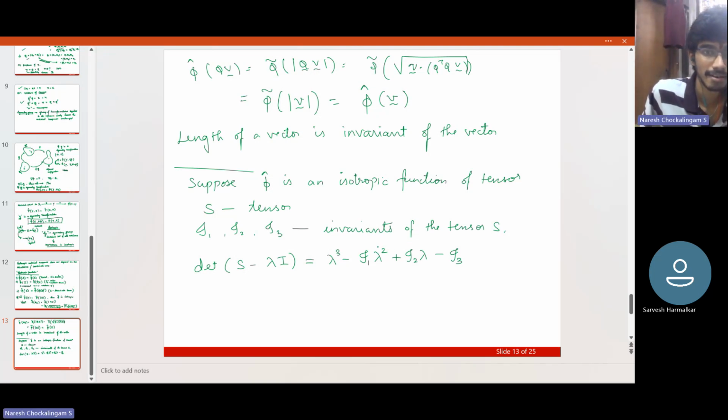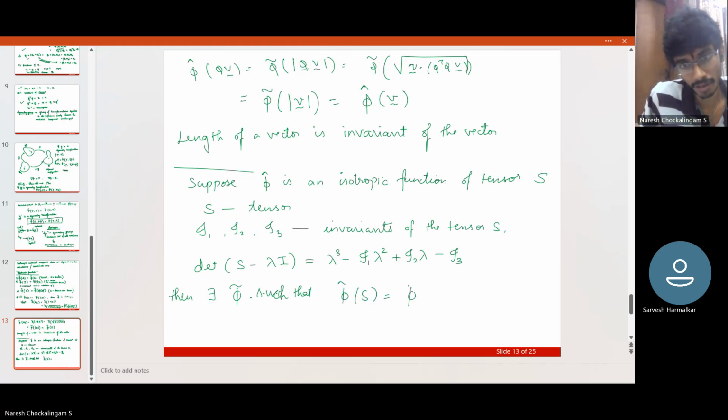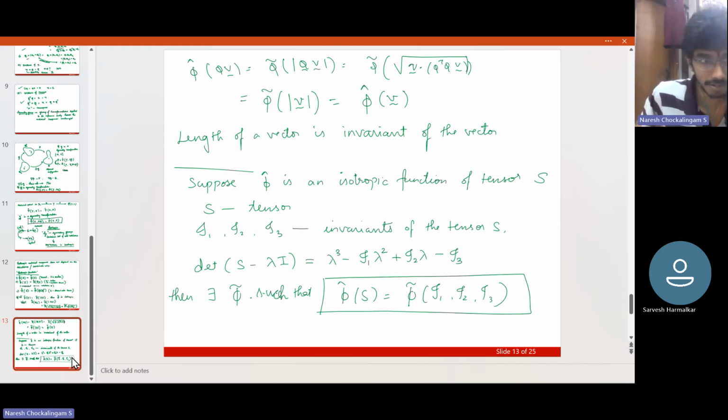And if phi is an isotropic function of a tensor S, then there should be a function phi tilde such that phi cap of S is equal to phi tilde of the invariants I1, I2, and I3. How do we show that?